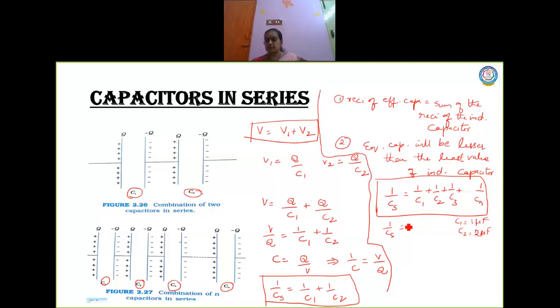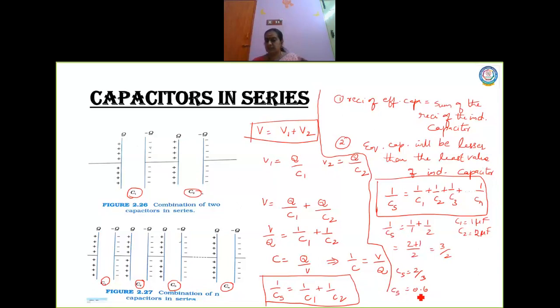Okay, so substitute. 1 by C1 is 1 by 1 plus 1 by 2. So what will be the LCM here? 2. You have 2 plus 1, which is 3 by 2. So Cs will be 2 by 3, which is a decimal, right? 2 by 3 will be 0.6. So what will be the effective capacitance here, children?